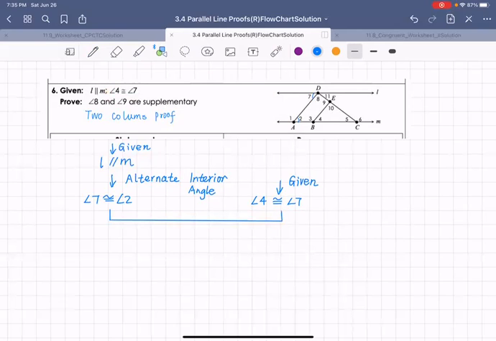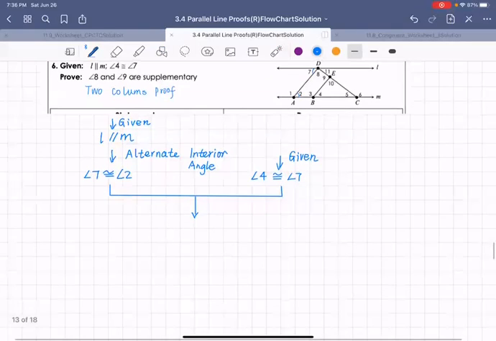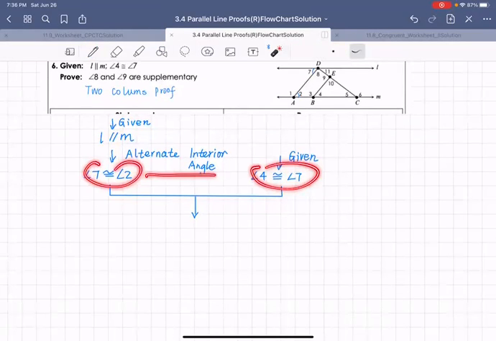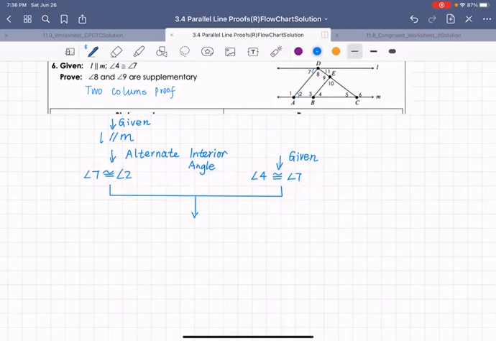Since the first two are equal to each other, then angle 2 and angle 4 are congruent. Very good. You made it. The reason is the transitive property. Very good.